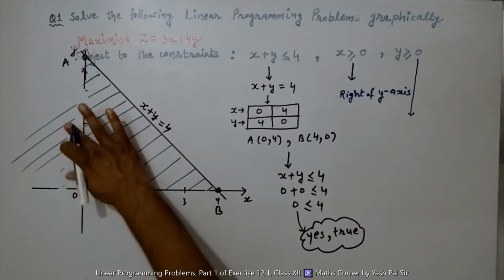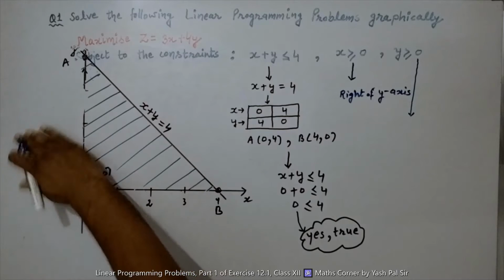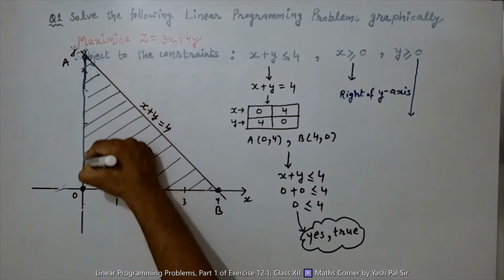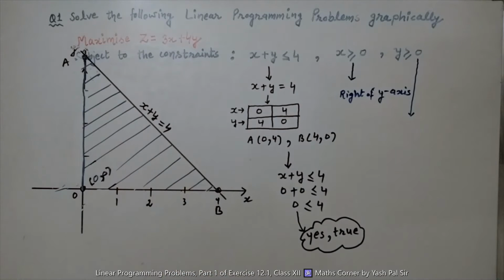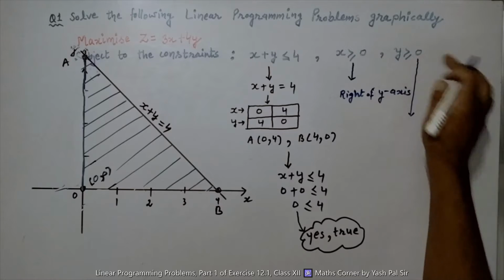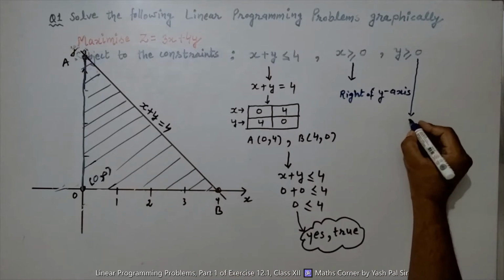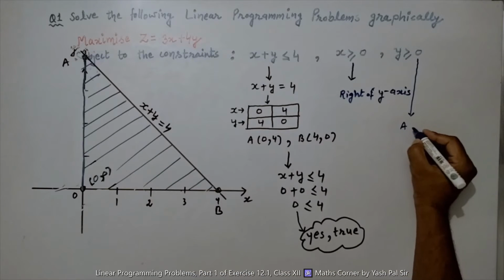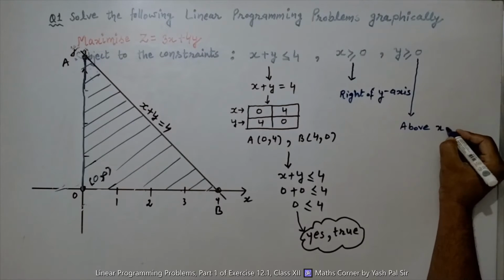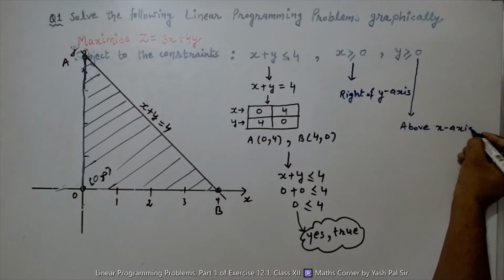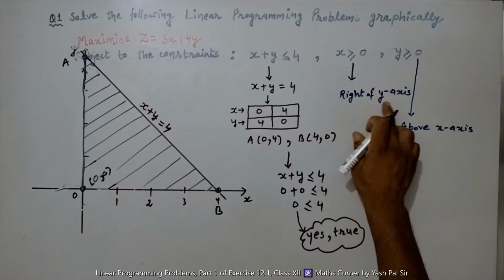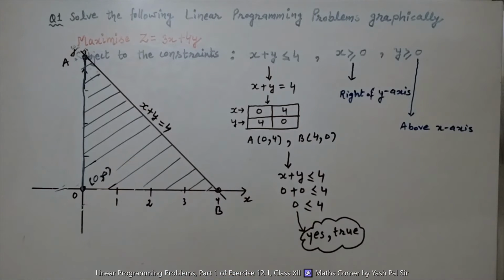So this way we are left with the shaded portion only in the first quadrant. So y greater than or equal to 0 indicates that the solution will be above the x-axis, and x greater than or equal to 0 means right side of the y-axis.